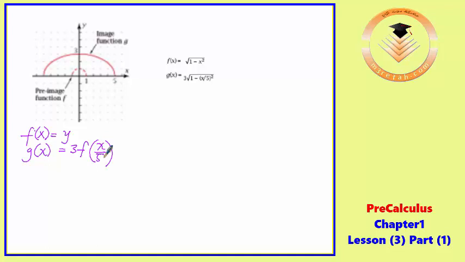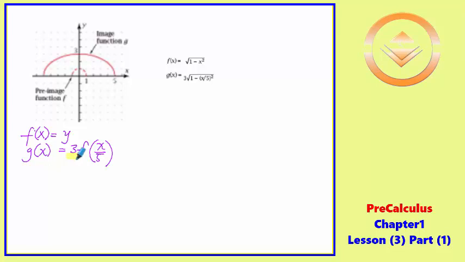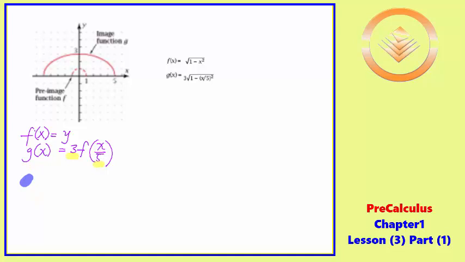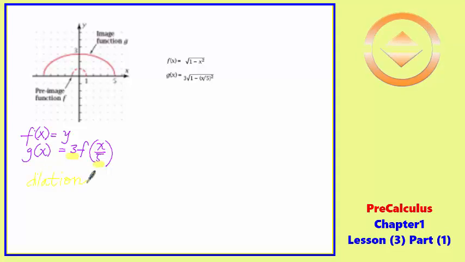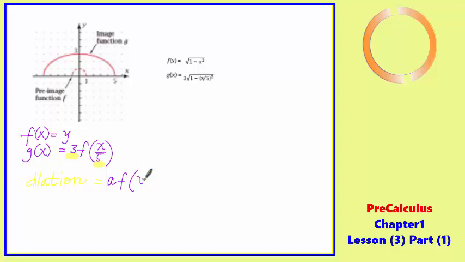Now we could see a vertical dilation here of 3 and a horizontal dilation given by a factor of 5. So in other words, our dilation is equal to a factor given by A and another factor given by B. So that's our dilation format or pattern.